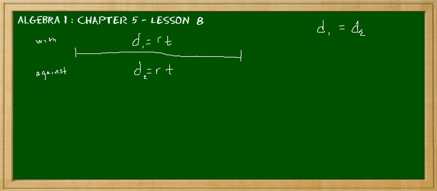So if x represents the time that the flock spends flying with the wind, so that's this one here, that's going to be x. And how much time does it spend flying against the wind? Well, x is the time that it takes going in one direction, and we know the total time is equal to 2 hours. That's quite simple. I just need to subtract x from 2 hours.